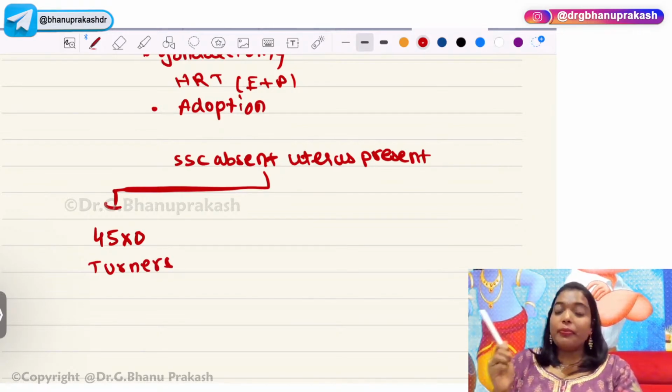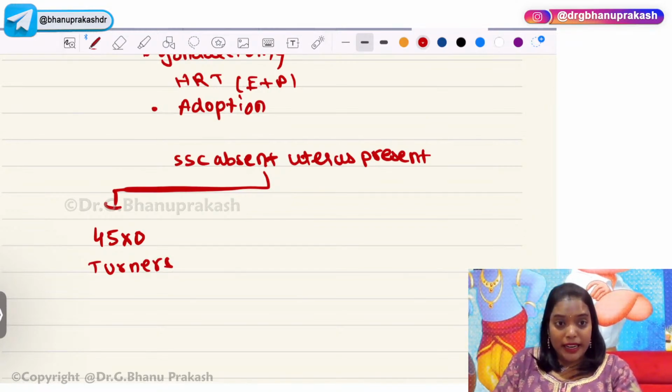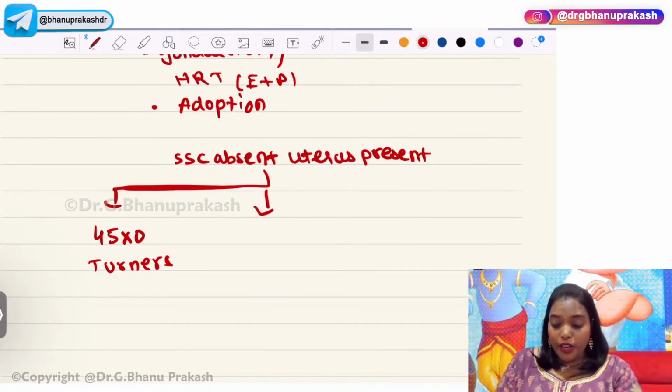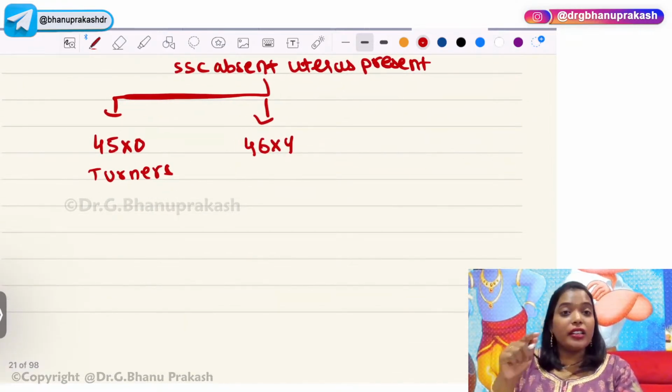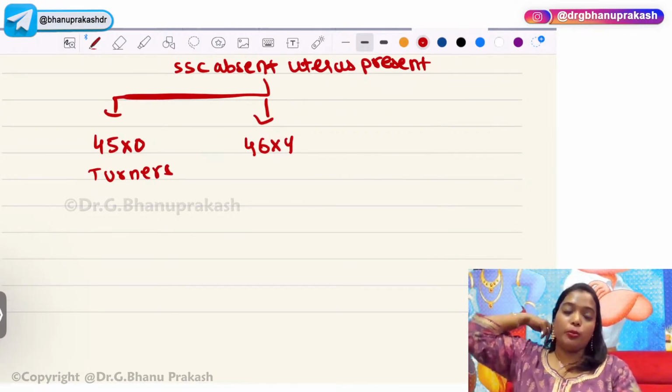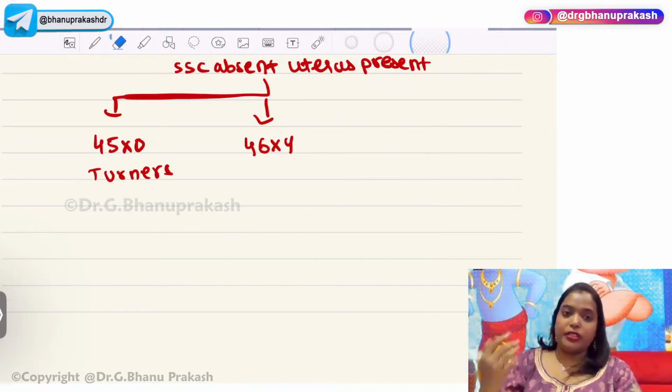Yes, Turner can present you with both primary and secondary amenorrhea, right? Now, secondary sexual characteristics absent, but uterus is present, and if the karyotype is 46XY, why do we see the 46XY, guys? Turner's head to toe all features you should know, guys, because they have been asked previously in the exam question.